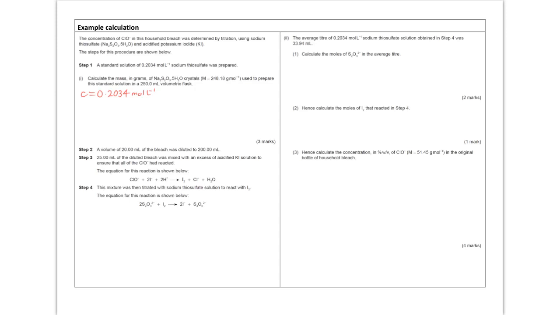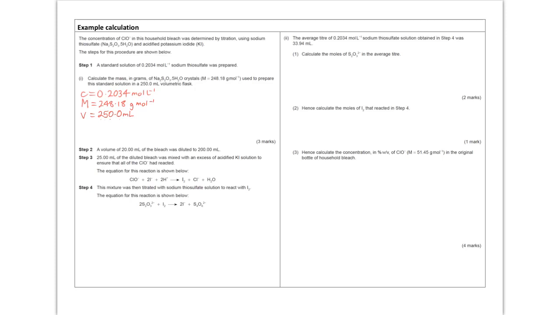The molar mass of that was equal to 248.18 grams per mole, and the volume was equal to 250.0 millilitres. Now the reason that 0.0 is there is it's trying to show us we have four significant figures here.